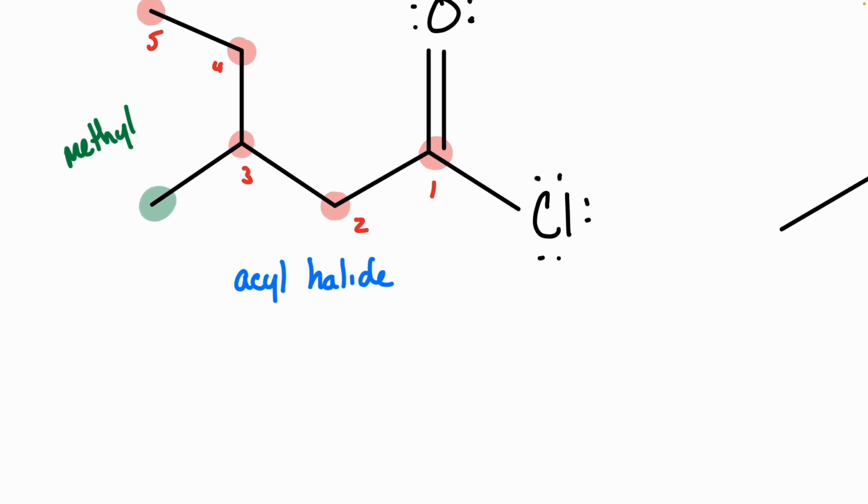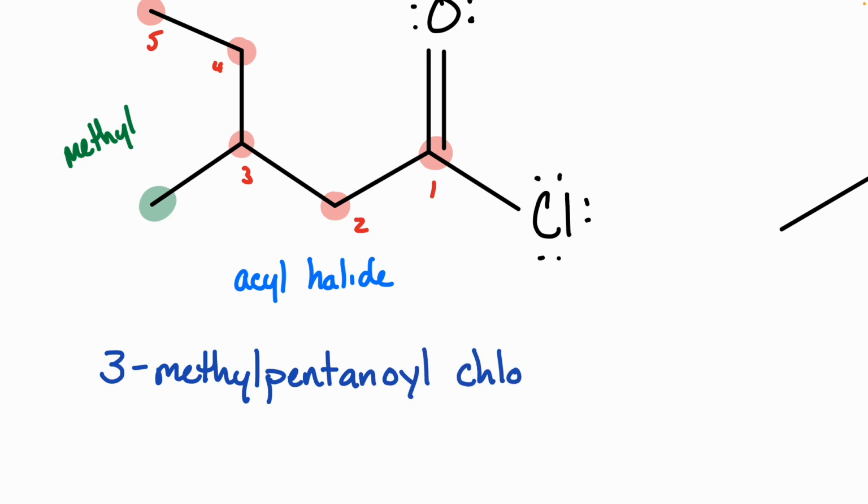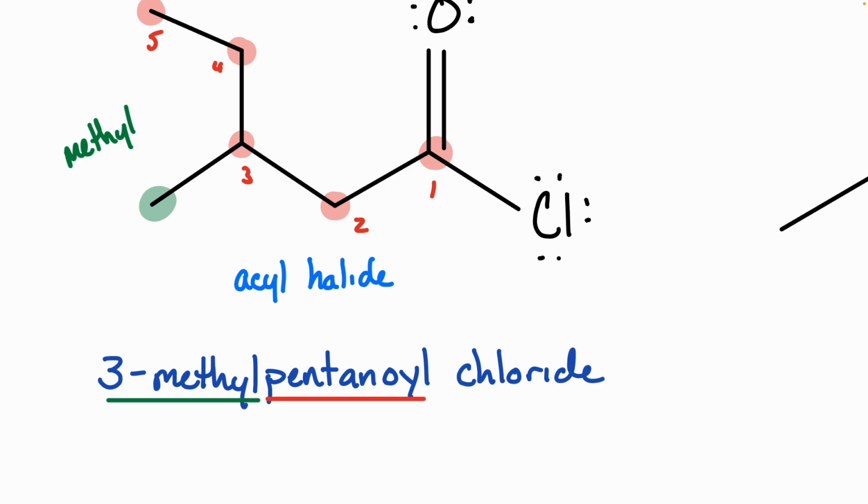So putting this together here, this would be 3-methylpentanoyl chloride. All right, we got that methyl group located on carbon 3, our substituent. Our parent chain is that pentanoyl chloride.